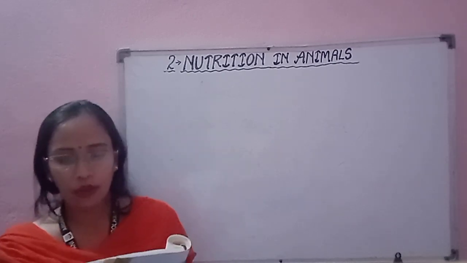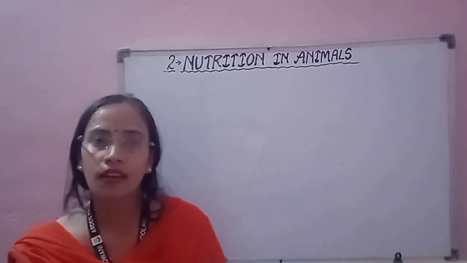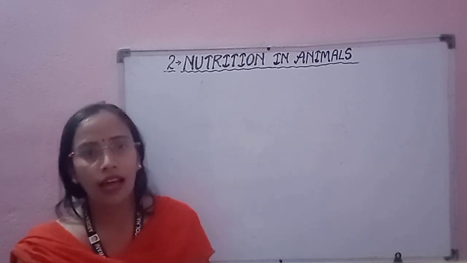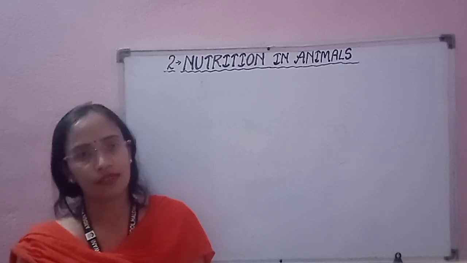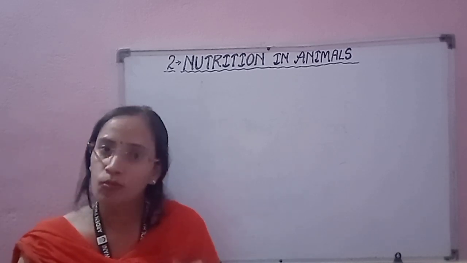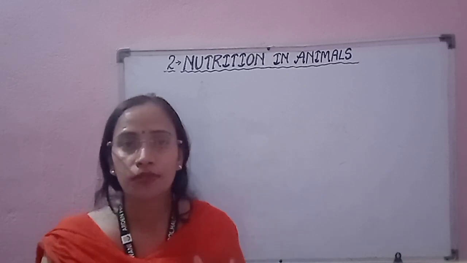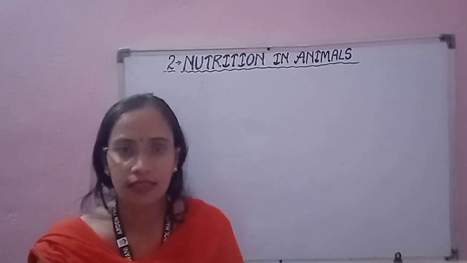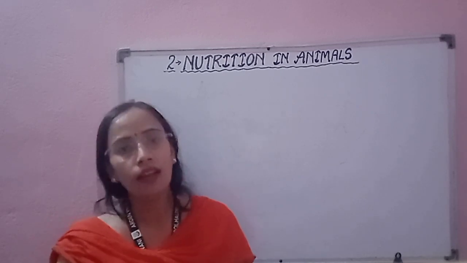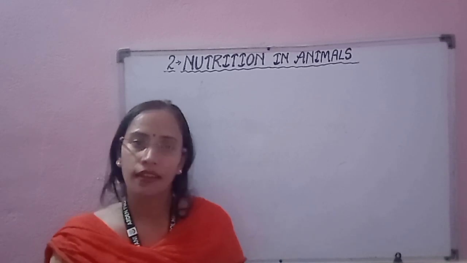What is their location and functions? So students, villi are finger-like projections. They are present in the small intestine and they increase the absorption area.